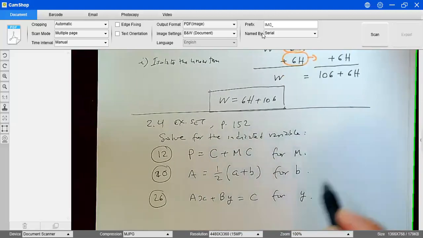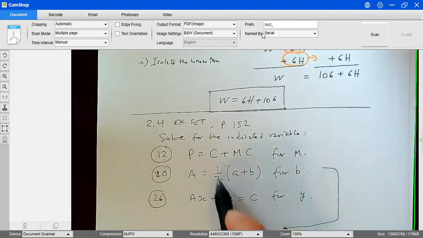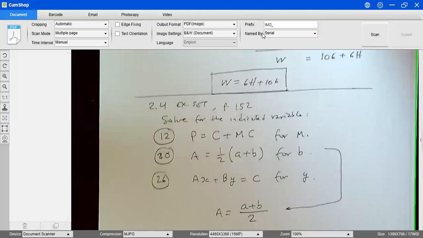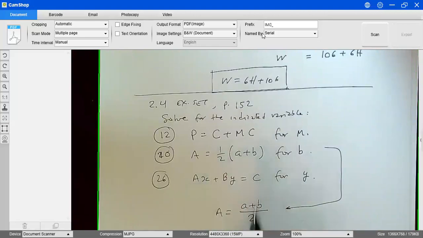In problem 20, you can rewrite this as a fraction, so you can have here A equals just A plus B over 2, because if you multiply 1 and A plus B, you're going to get A plus B. So that's another way to write problem 20.